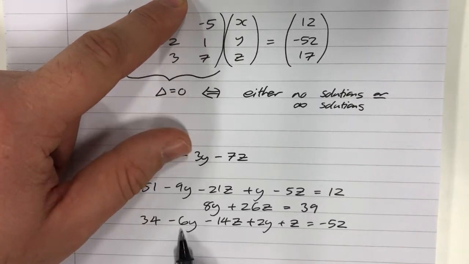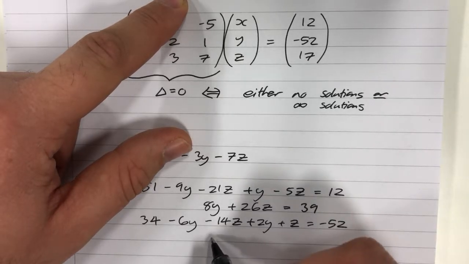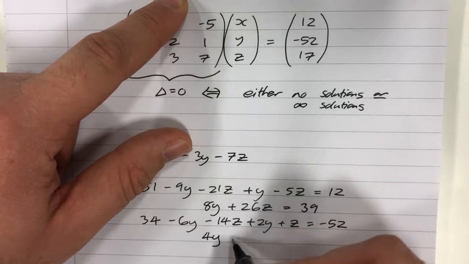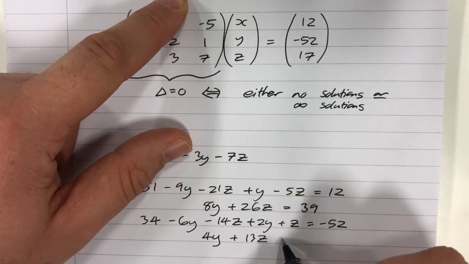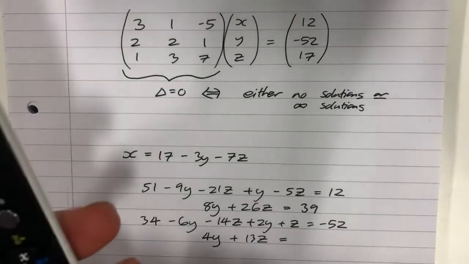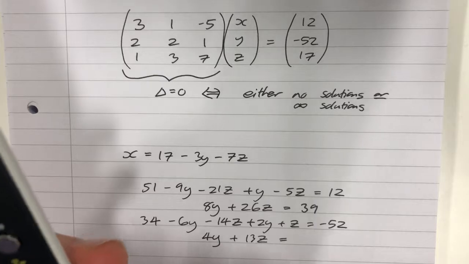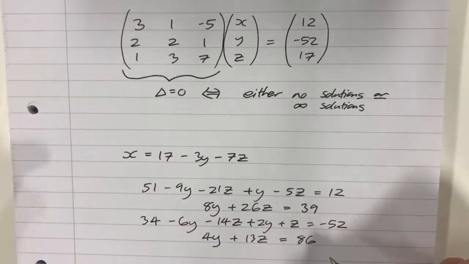Simplify that, minus 6y, plus 2y is minus 4y, so I'm going to call it 4y, plus 13z, and that is going to equal minus 52 minus 34 times by minus 1, it's 86.